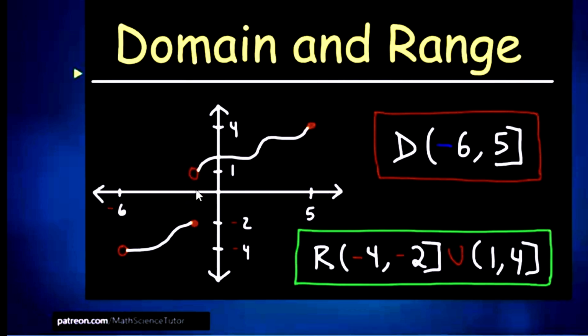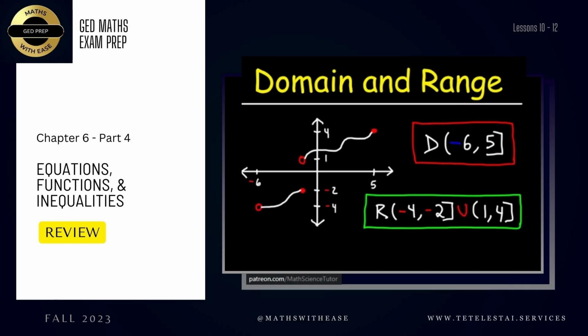I'm referencing -1 on the x-axis. So we continue along the x-axis, and we see that our spill stops here at 5, and it also includes 5. So we represent that with a closed bracket, and we can say that the domain of our graph is from -6, but not inclusive of -6, to +5, inclusive of 5.